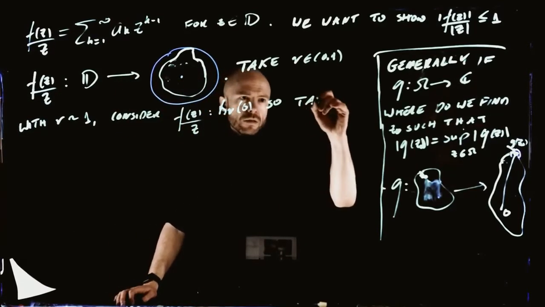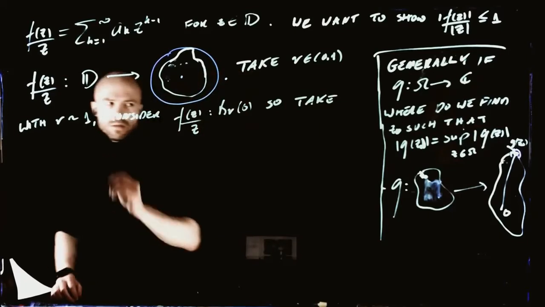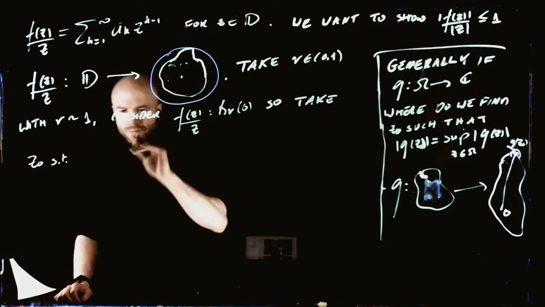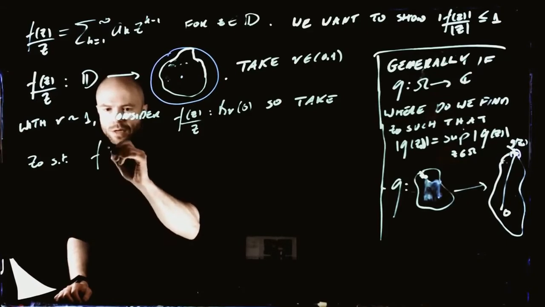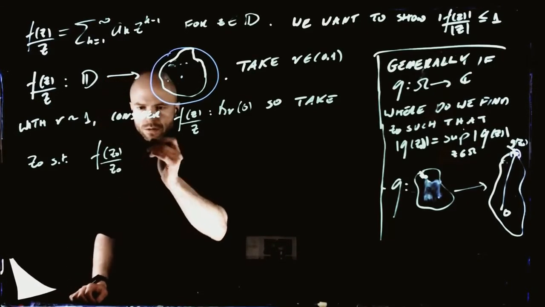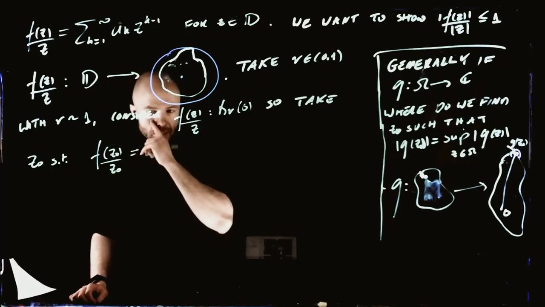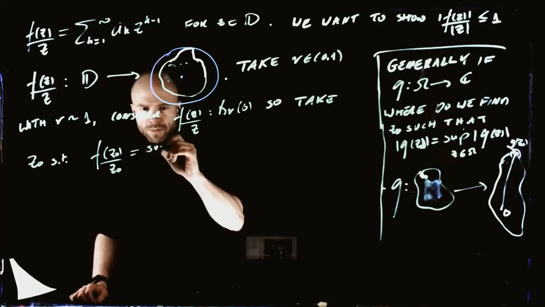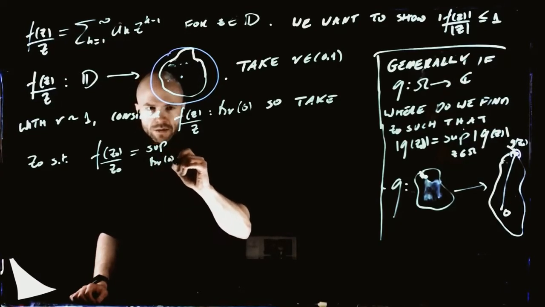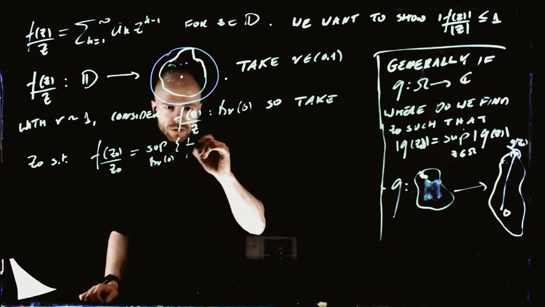So take z0 such that the modulus of f of z0 over z0 is equal to the supremum over the ball of radius r around 0 of this stuff.